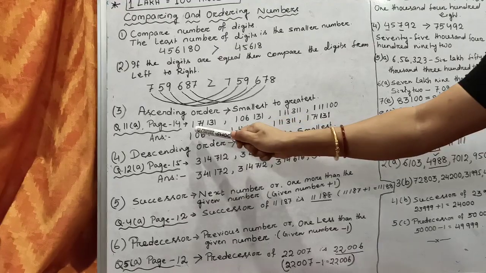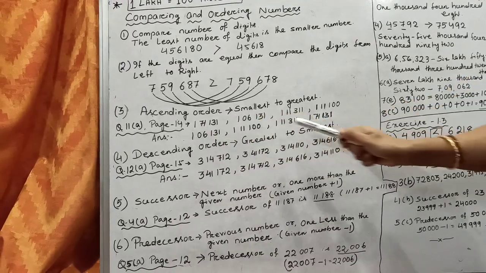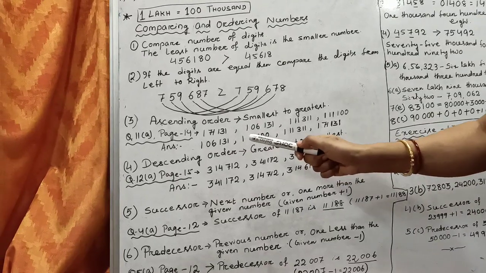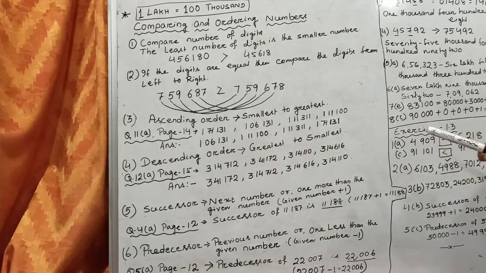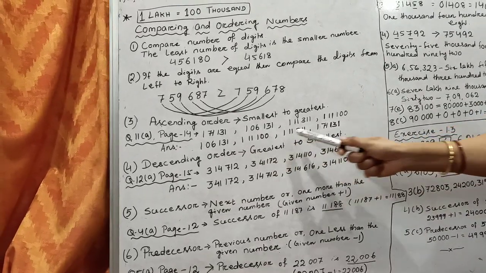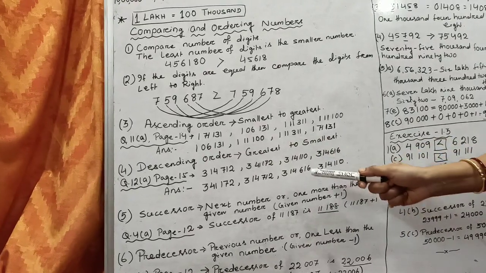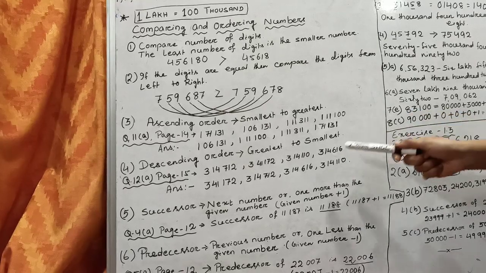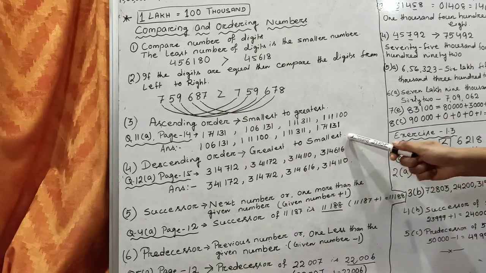Then the last one is 1,71,131. In this way, you have to write in ascending order, smallest to greatest. Then descending order is just the opposite of ascending order, that is greatest to smallest.